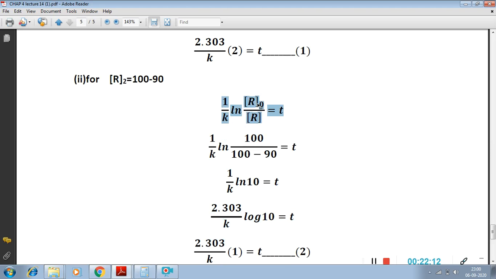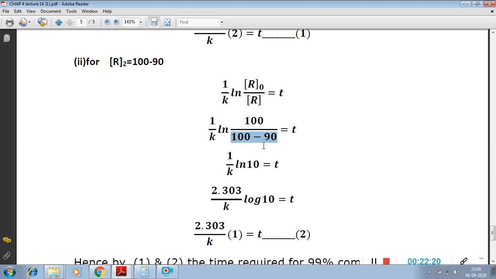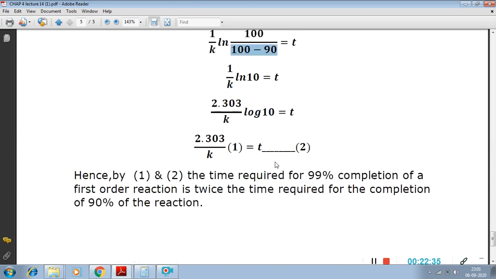Now instead of R0 put 100, instead of R put 100 minus 90. 100 minus 90 is 10, and the zeros you can cancel out, so we get 1 by K into ln 10 is equal to T. Now convert ln into log, so 2.303 divided by K into log 10 is equal to T. Log 10 is 1, so here I have written 1: 2.303 divided by K into 1 is equal to T.